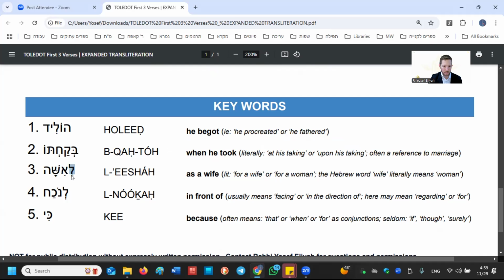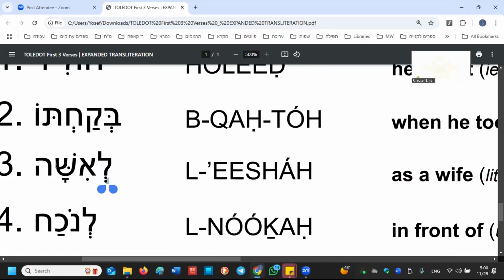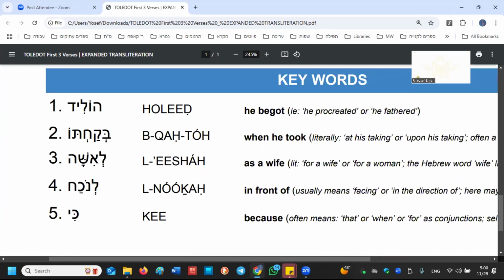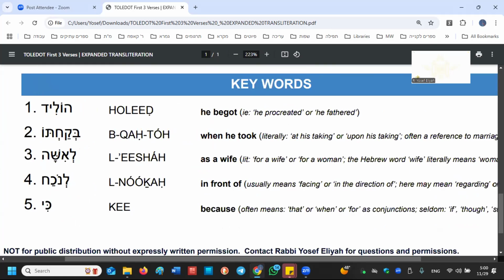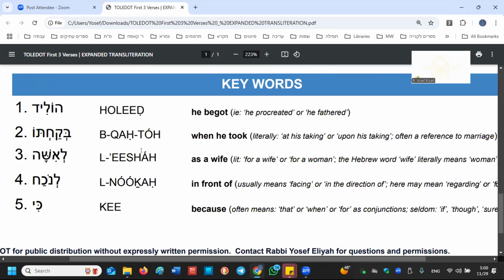That's only when the guttural letter comes after a shavah, the two little dots on top of each other, as you can see here. La'isha means as a wife. Literally, it means for a woman or for a wife, or to a woman or to a wife. But the Hebrew word for wife and the Hebrew word for woman are literally the same word.